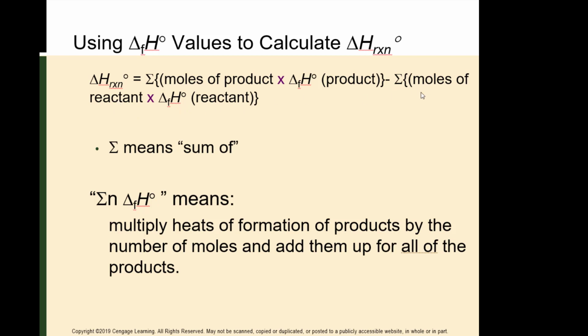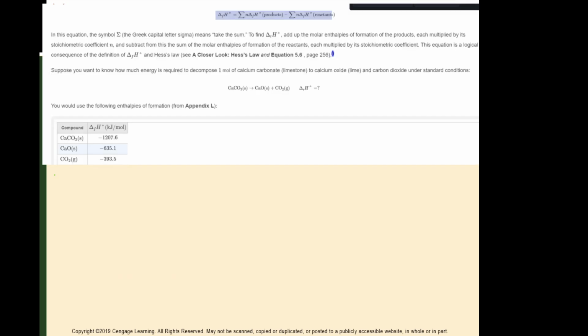Now we do have to take into consideration moles. We need to take the number of moles times the heat of formation. So multiply the heats of formation of the products by the number of moles, add them up, and then subtract the sum of the reactants' formations multiplied by their number of moles. We'll make more sense out of that in this next problem.